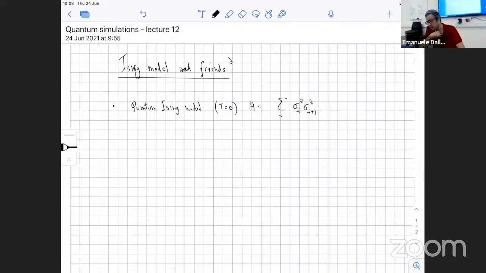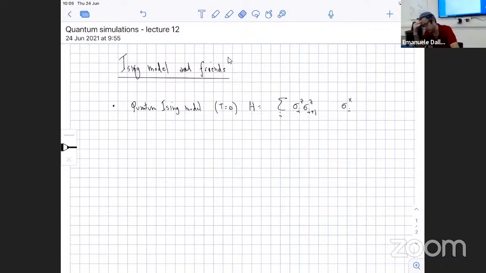It's very simple. To make the problem interesting, we are going to add some transverse field, so basically a sum over i of sigma x i. This is a term that wants to make all the spins point in the x direction.